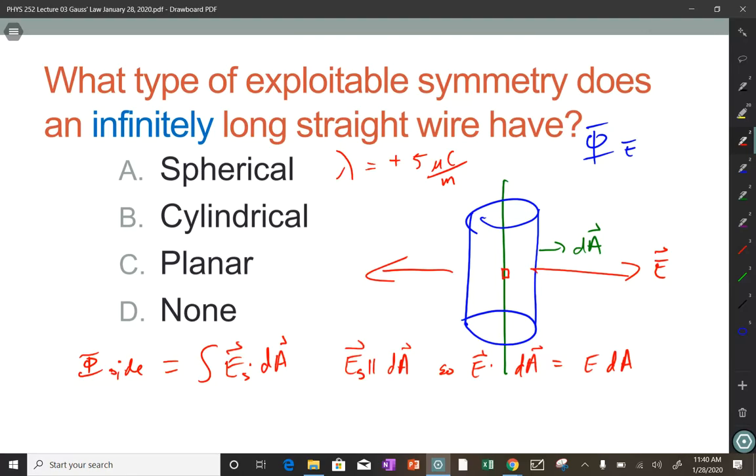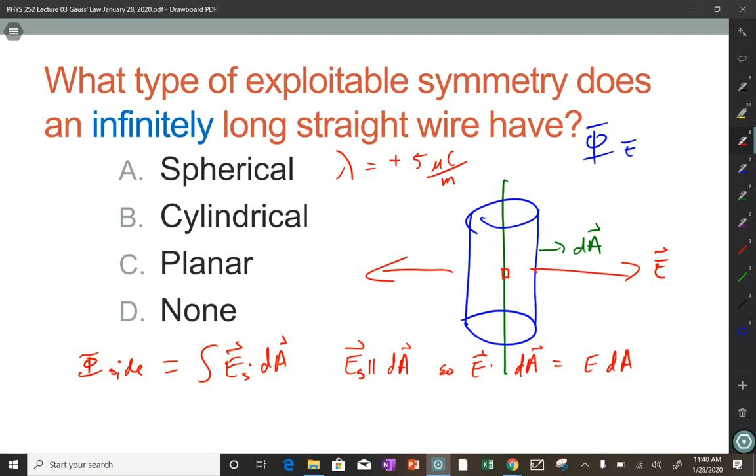So that's the first thing, exploiting the symmetry. Second thing, exploiting the symmetry, because I have this cylinder that is coaxial with the wire, then the electric field at a constant distance from the wire has to be constant in magnitude. Yes. It can't get stronger as I go around the circle because it's symmetrical. Because the outside of the cylinder is equidistant from the wire.